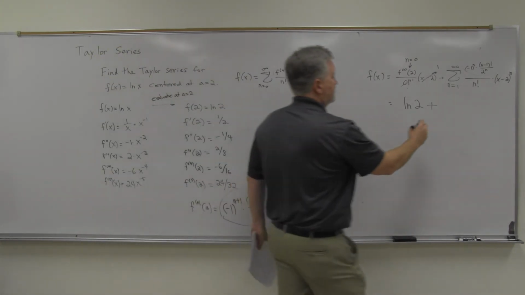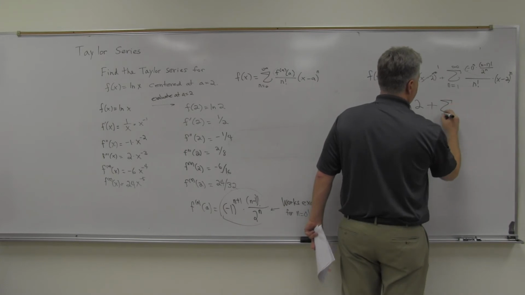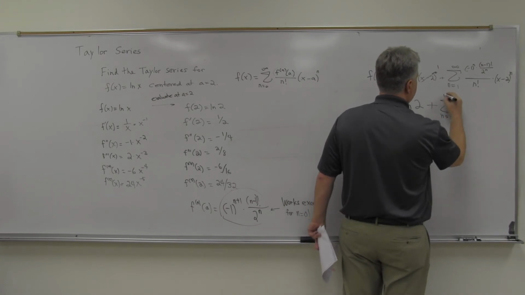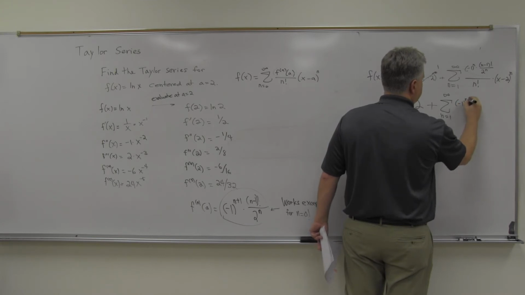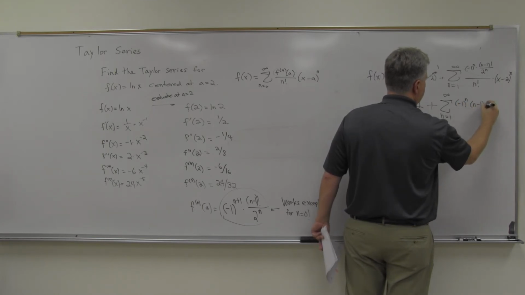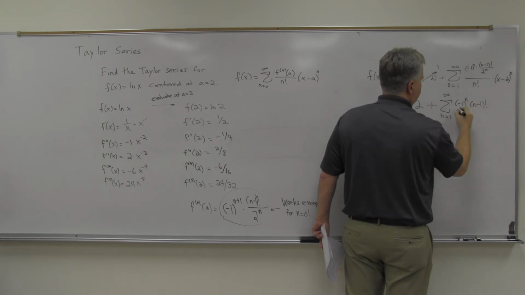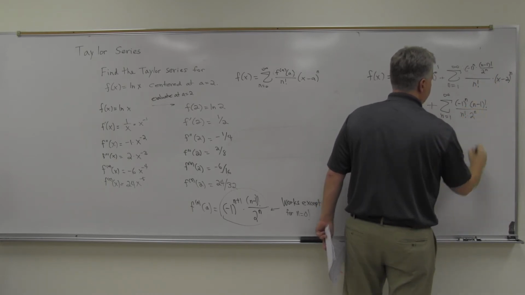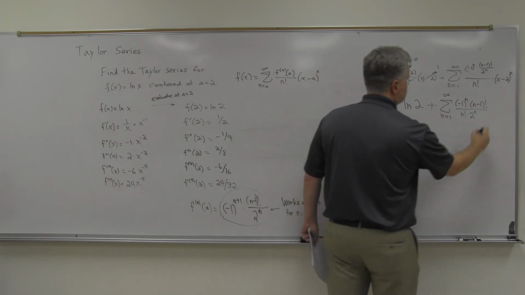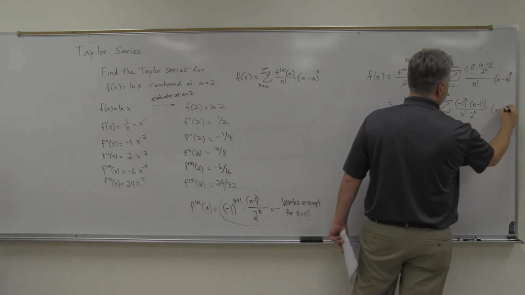And then the rest of it, let's see what happens. Well, that 2 to the n will be down here with the n factorial. If that'll work.